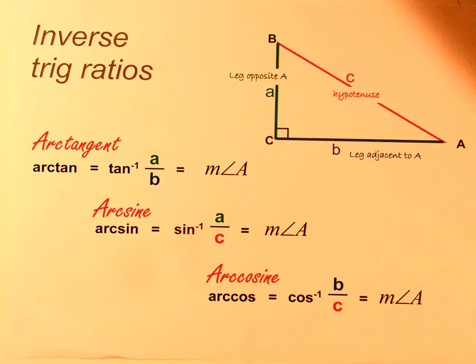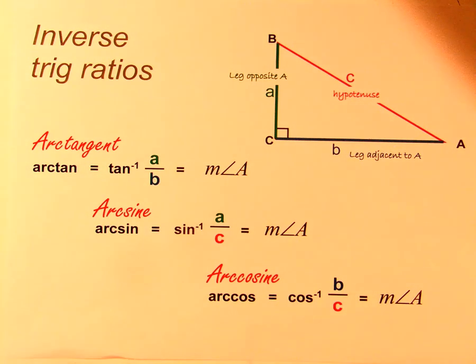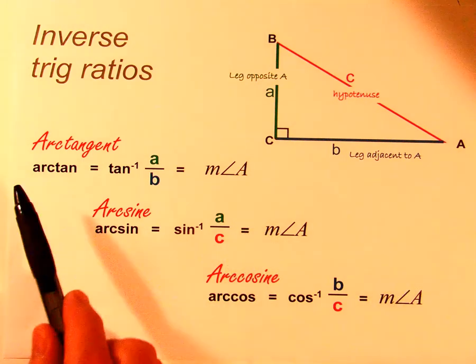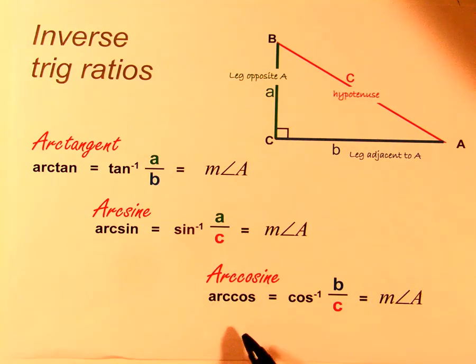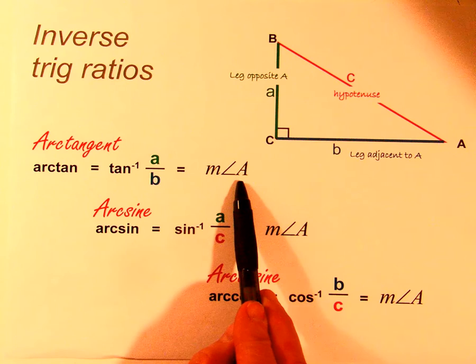The more proper way to say it is arctangent. Please don't say tan to the -1. But anyway, if you do, I guess I'll deal with it. But arctangent, arcsine, and arccosine. So again, you have the ratio and you need the angle. So you'd put in the ratio, plug into the calculator, and it will give you the angle.